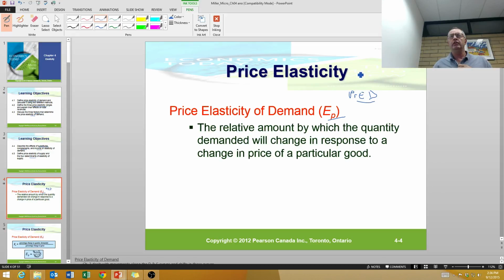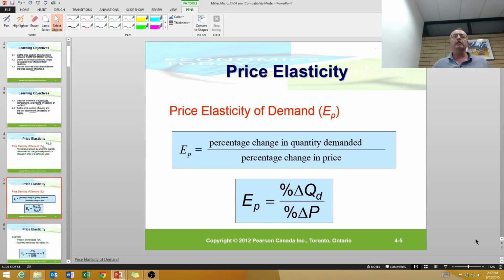And this rate of change is not the ordinary sense of the slope of the line, but this is economics, so economists have a special way to calculate the slope. It's a percentage change, made according to the economic formula, which is a little bit different than we find in the rest of life. But anyways, that's economics.